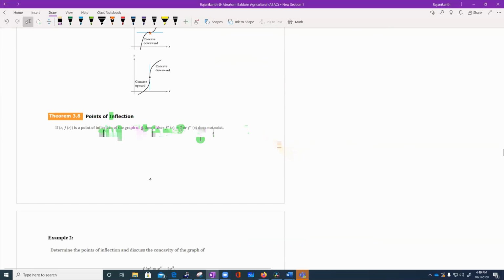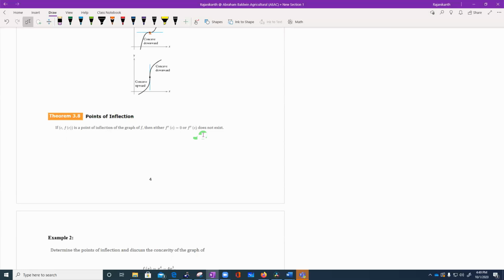Remember, like finding the critical point for the function, right? Go back and check your note 3.2. We found the critical point where the first derivative is 0 or does not exist. In a similar way, you could think of finding the point of inflection as nothing but the second derivative being 0 or not existing. So those kinds of points are going to be inflection points.